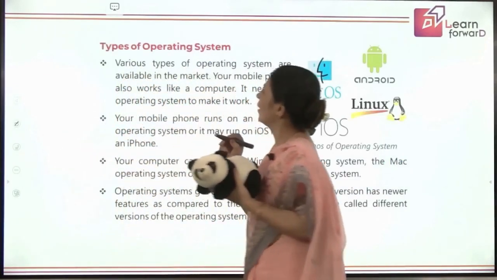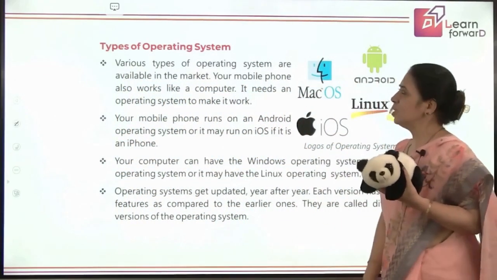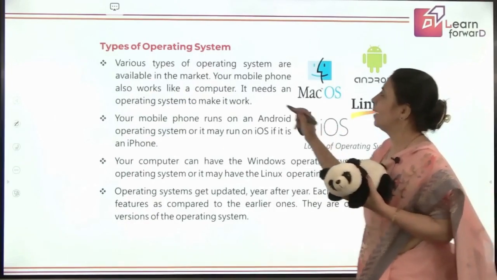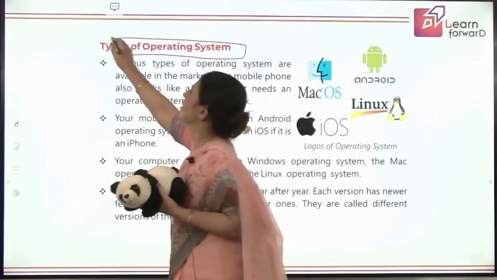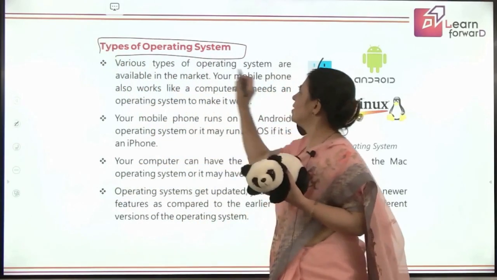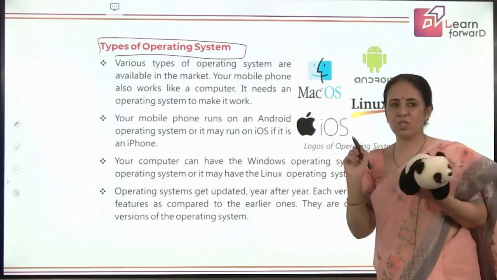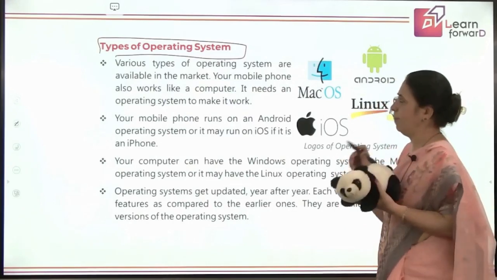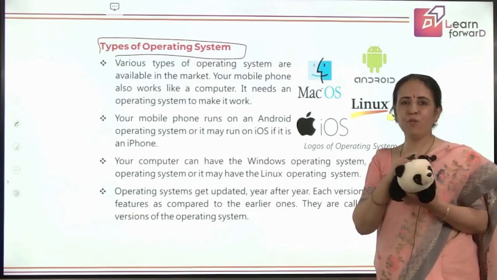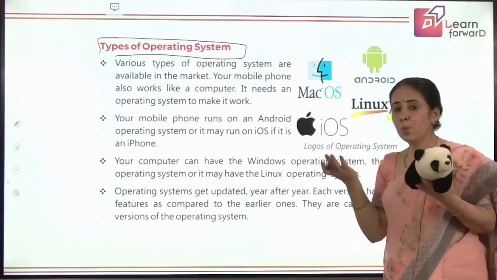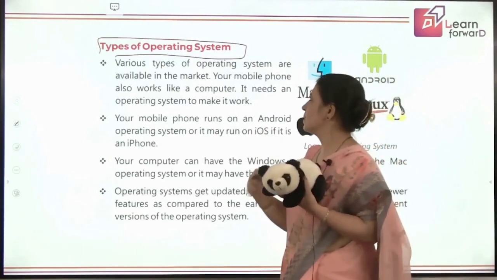So, moving forward to the new topic, that is different types of operating systems. We have various types of operating systems which are available for you in the market. And you know, even the smart mobile Android phone which you use works on an operating system.